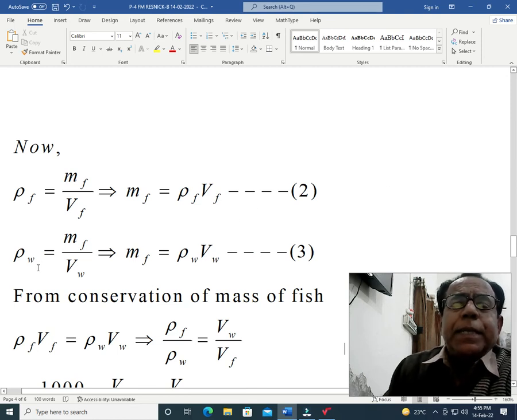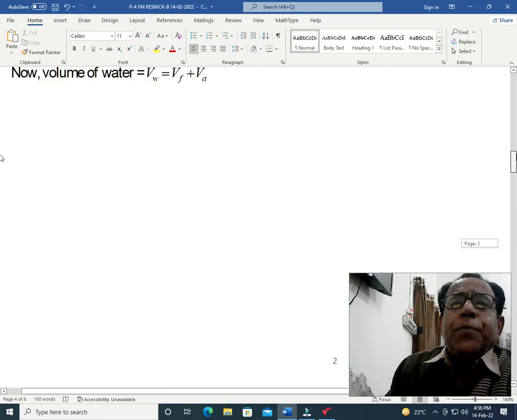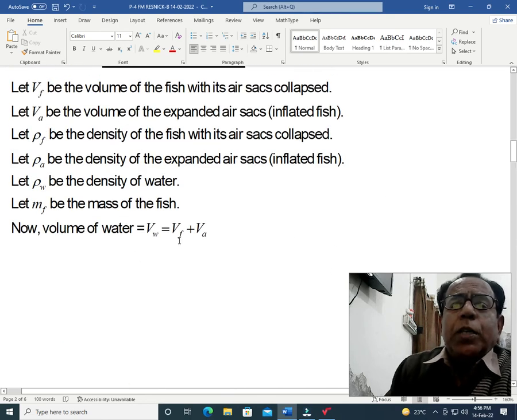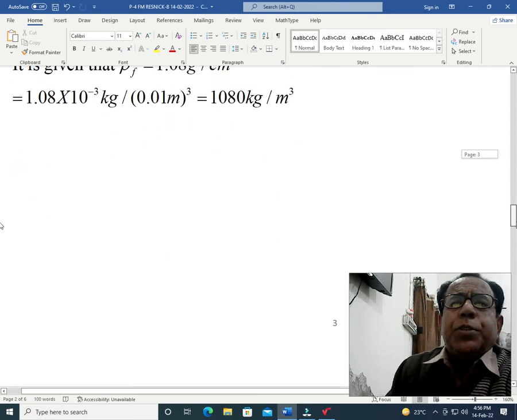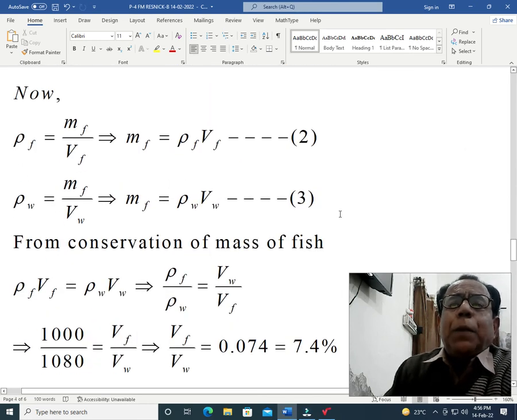And equation number 3, density of water is equal to mass of fish over volume of water. We know that volume of water is equal to volume of fish with its air sacs collapsed plus volume of inflated fish.